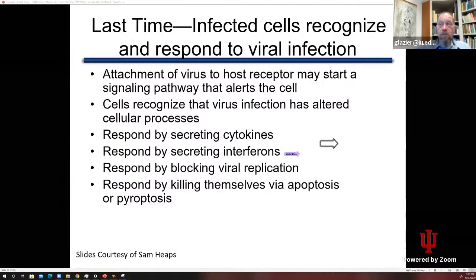And one of the ways cells respond to interferons is by blocking viral replication within the individual cells. And they also respond by killing themselves. One of the groups in Scotland, at St. Andrews University, has just published some very nice models of how cells kill themselves by apoptosis.